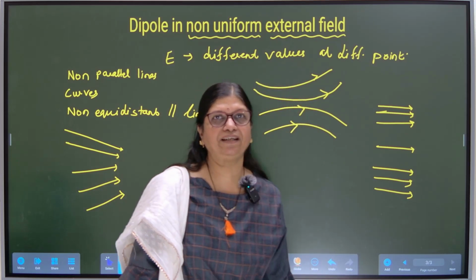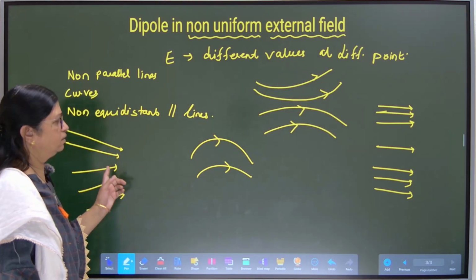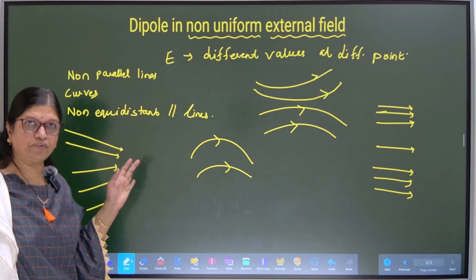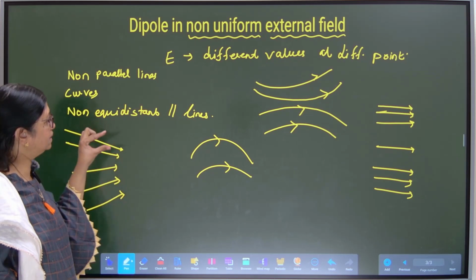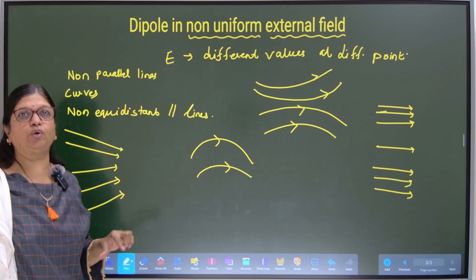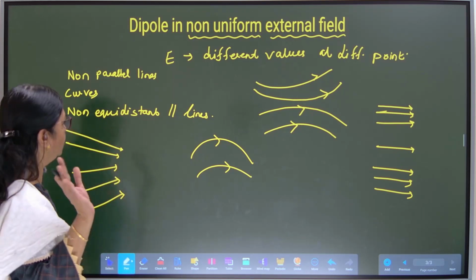Now you can see that the directions are also different for the electric field lines, and the density of the lines at each place or each spot or each point is also different.